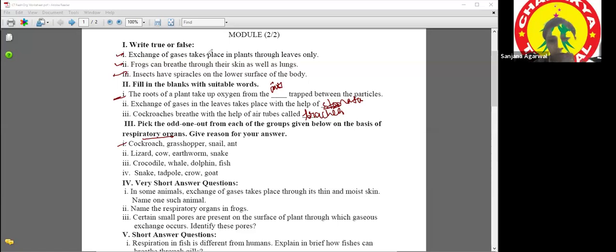Cockroach breathes via spiracles. Snail also, I guess, and grasshopper also. It's okay. This is something new for us because we have never seen such animals by keen observation. I also feel ant is the answer. Adrit, you think snail? Okay.